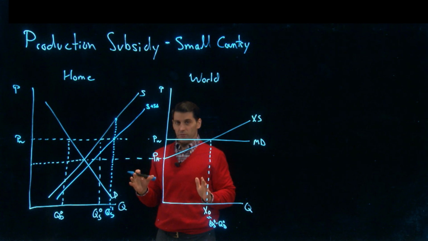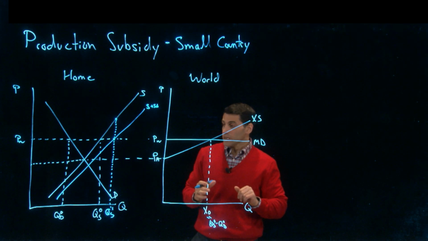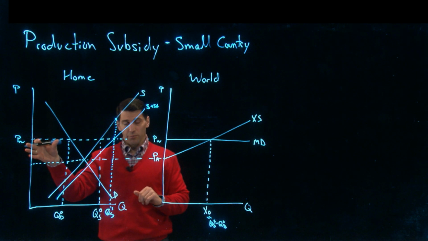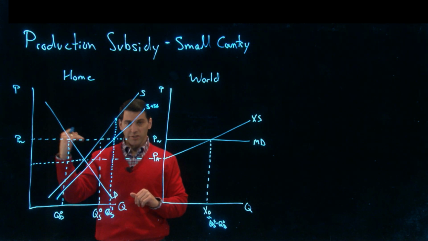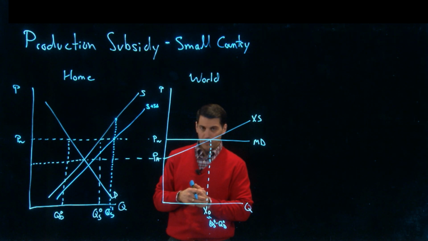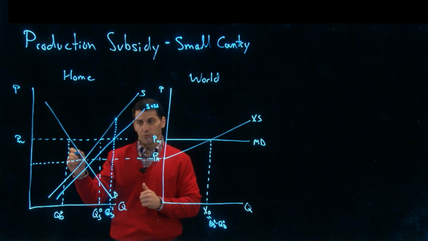But what's the big difference that we see between the production subsidy and the export subsidy is that because the domestic price stays at the world price of PW, we're not putting a tariff in place to push the domestic price up to match what the domestic producers are getting when they export. There's no consumption loss or consumption distortion.